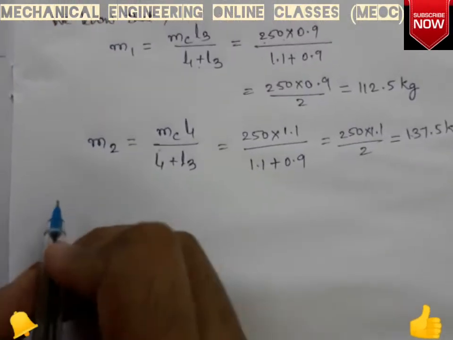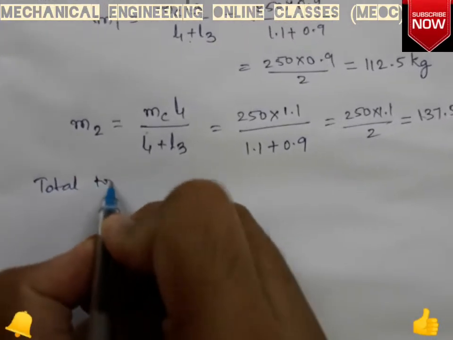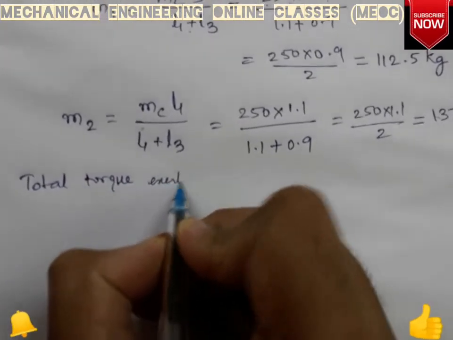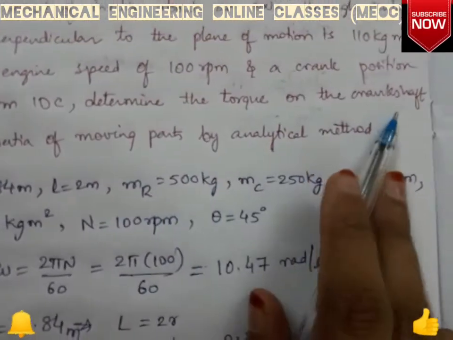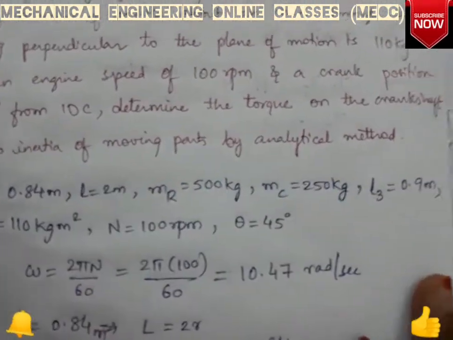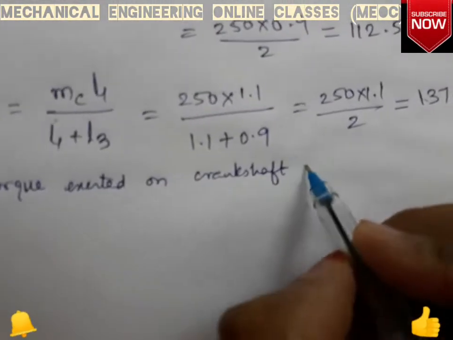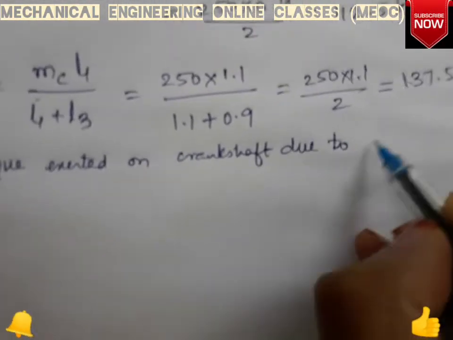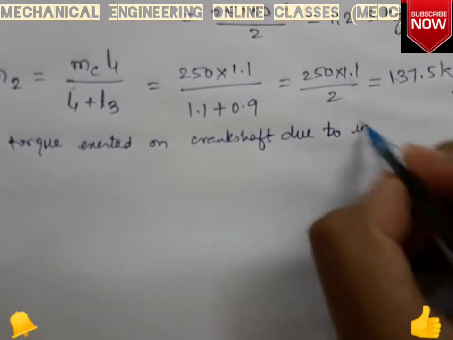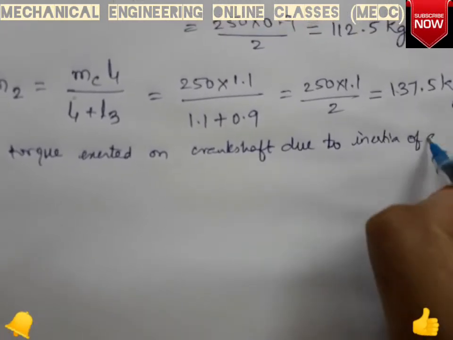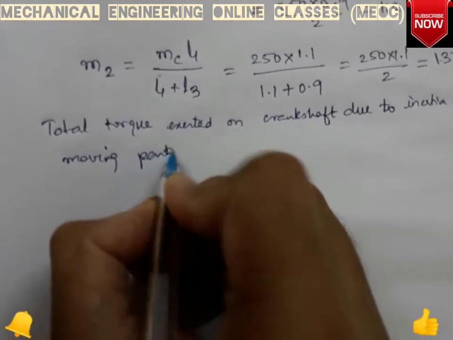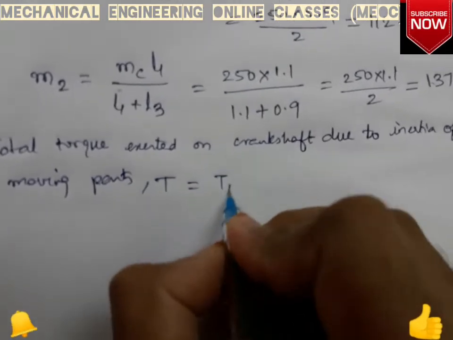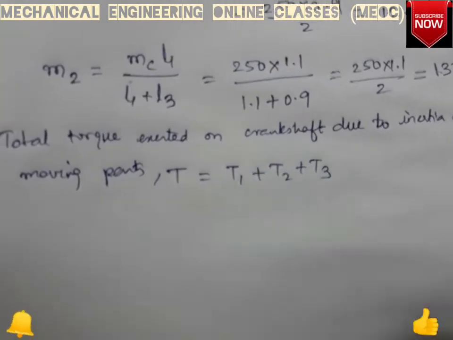The question here is to find the total torque exerted on the crankshaft due to inertia of all the parts. This is T, nothing but T1 plus T2 plus T3.